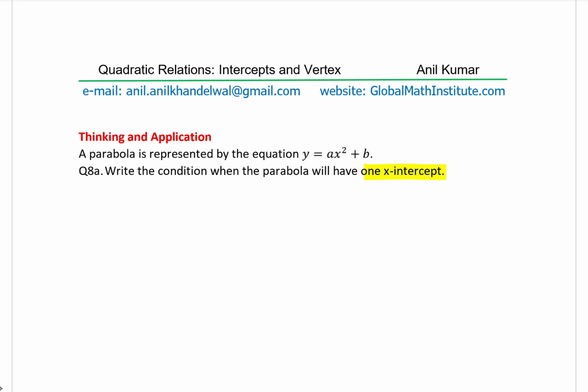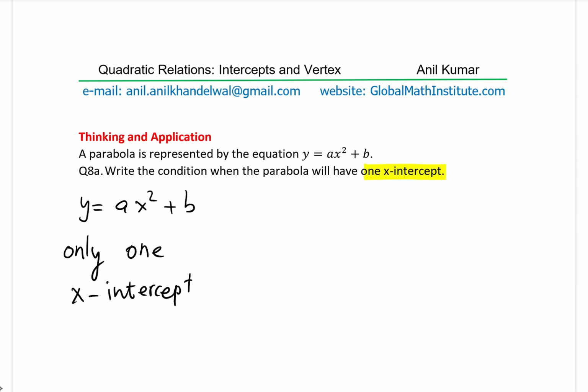So we have equation y equals to ax squared plus b. We want only one x-intercept. What is the condition?